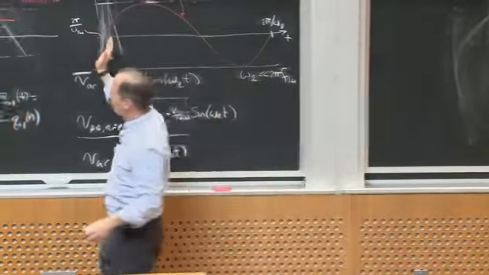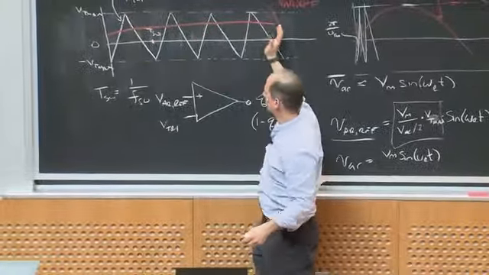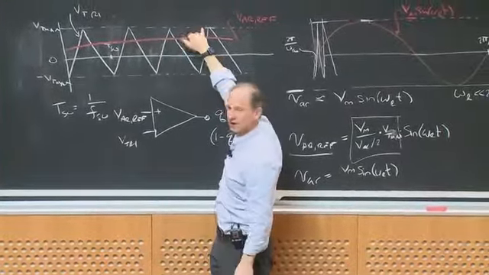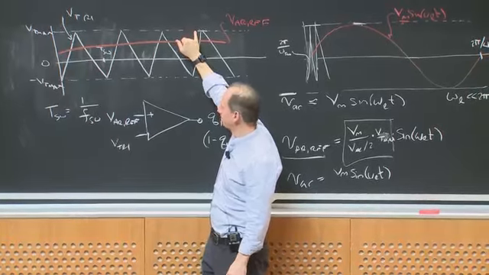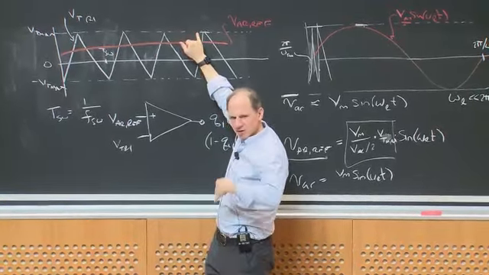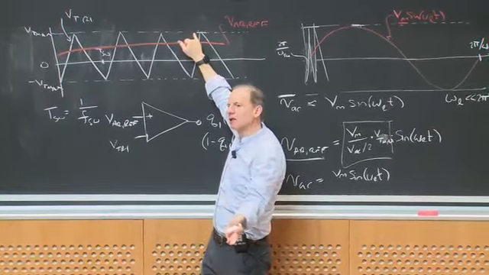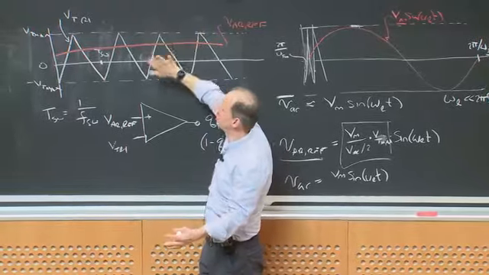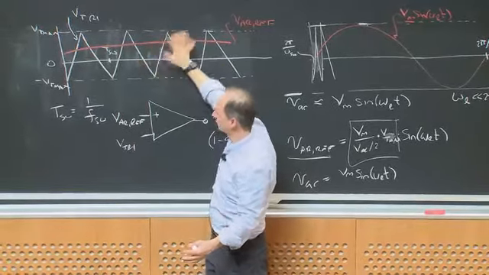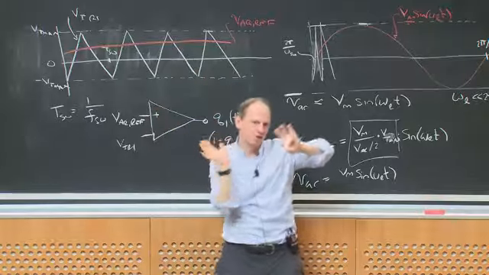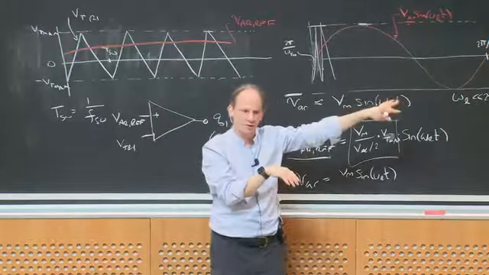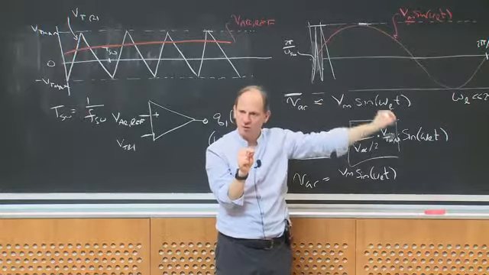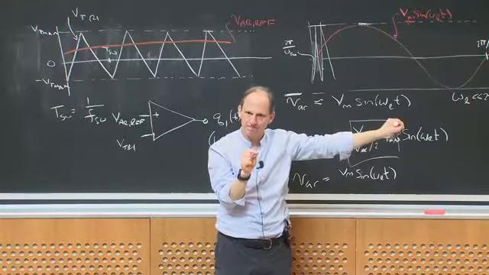This PWM waveform, as long as you stay where your reference never exceeds the height of the triangle, really only has harmonic content near the switching frequency and its harmonics, right? There's some interaction with the line frequency and the carrier frequency, but it's all pushed up to the switching frequency. So if I have a high switching frequency, I get a very nice purity waveform, at least averaged over a switching cycle, okay?